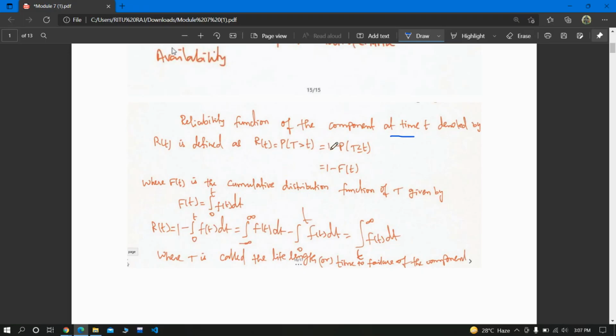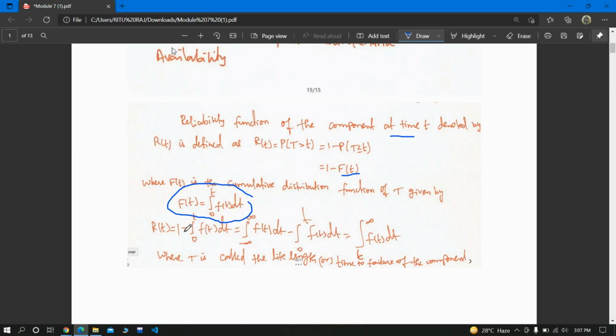That can be written as 1 minus probability of capital T less than or equal to small t, and it is also written as 1 minus capital F of t. What is F of t? F of t is the cumulative distribution function of capital T, which is given by the integral from 0 to small t of small f of t dt.